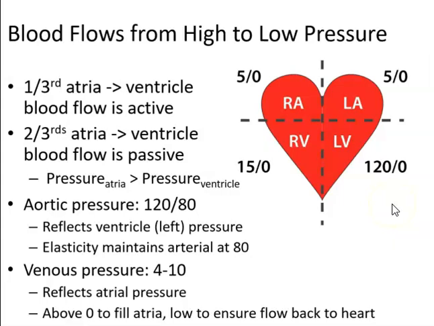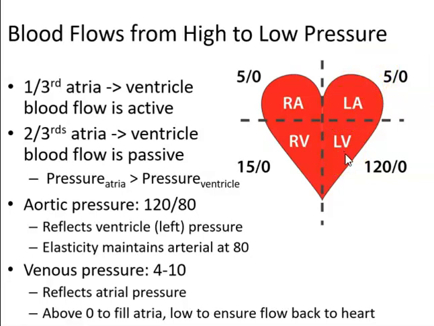Now, diastolic pressure in the left ventricle has to go back down to 0 in order for filling to occur, because this pressure has to be below whatever the systolic pressure in the left atria is. So we know that the left atria pressure is 5 during systole, or during contraction of the left atria, whereas ventricular pressure on the left will be 0, allowing for blood to flow from the left atria to the left ventricle.